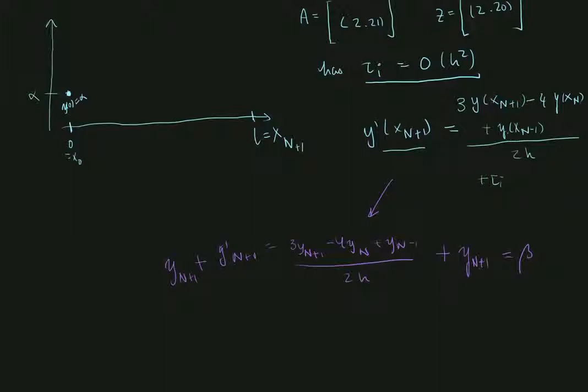Based on this, I can see some stuff. So what can I see? First of all, if I try to isolate y n plus 1, so you try and isolate y n plus 1, then I have an expression with y n plus 1 on, for example, the right-hand side, and then I have y n plus 1 on this side, probably with some extra stuff.